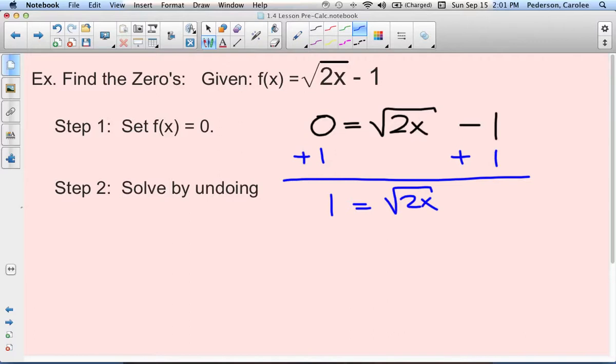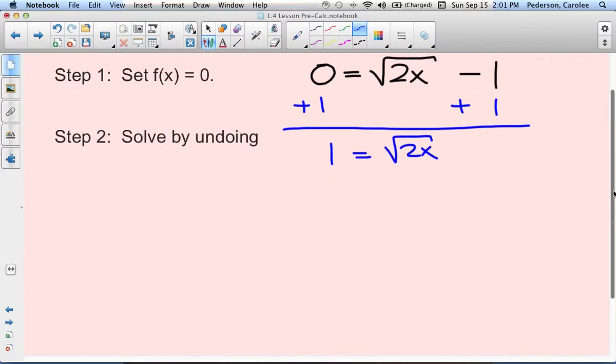The next thing to undo is that square root. To undo a square root, we square both sides. So I'm just going to rewrite the equation here again, and I'm going to square both sides.